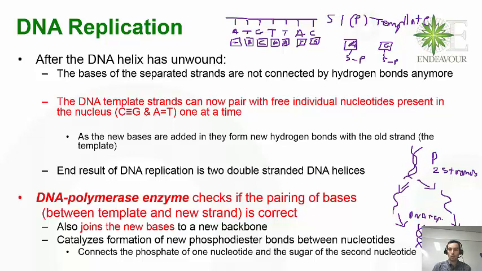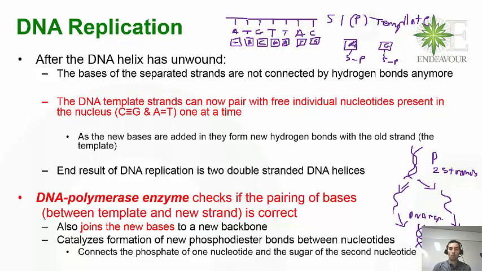So we can see from that one parent strand, we've actually created these two new helices, which are going to be, one is going to go into one daughter cell and one is going to go into the other daughter cell. So that's how we end up with our two double-stranded helices.